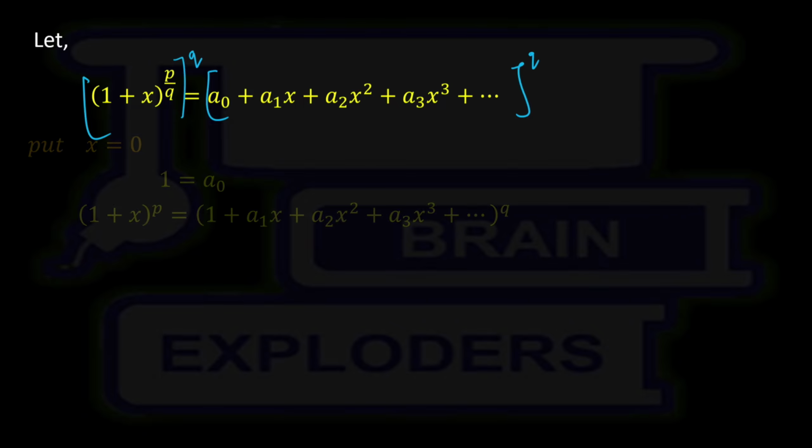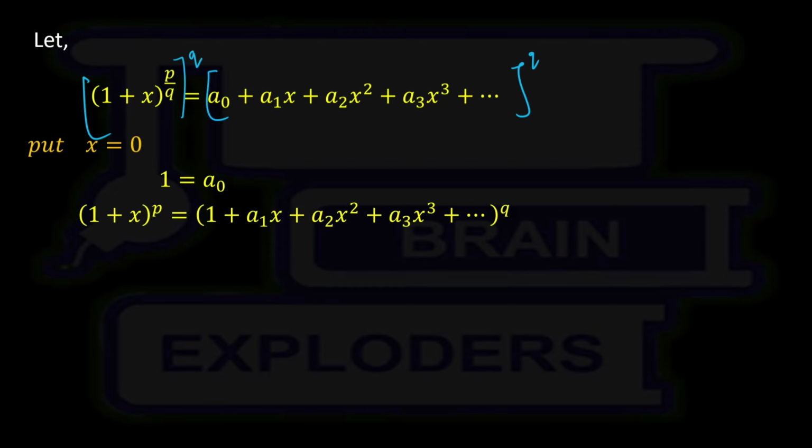So what we get? We get (1 plus x) raised to the power p equals (1 plus a1x plus a2x square, and so on) raised to the power q. And on putting x equals to 0 on both sides, we get a0 equals to 1.